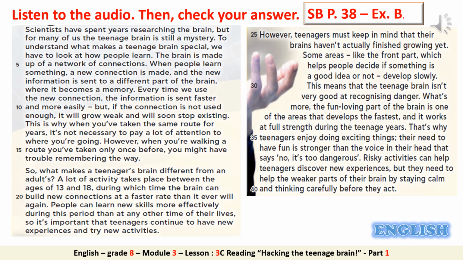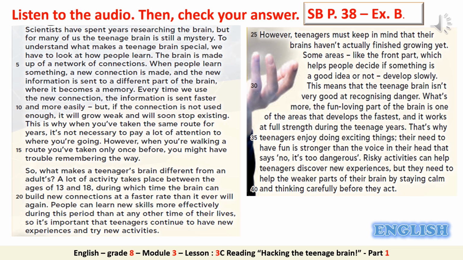Some areas, like the front part, which helps people decide if something is a good idea or not, develop slowly. This means that the teenage brain isn't very good at recognizing danger. What's more, the fun-loving part of the brain is one of the areas that develops the fastest, and it works at full strength during the teenage years.